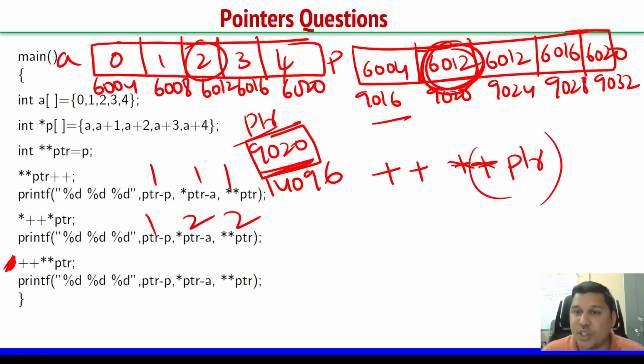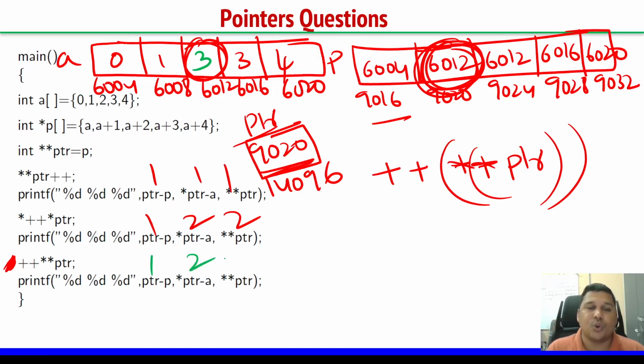What is star of 9020? 6012. What is star of 6012? This 2. Plus plus of that means this value will change and it will become 3. So when you find out the differences, 9020 gives you 1, this will give you 2, this will give you 3. This is 123, I guess.